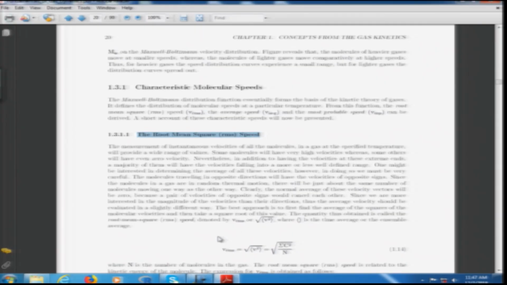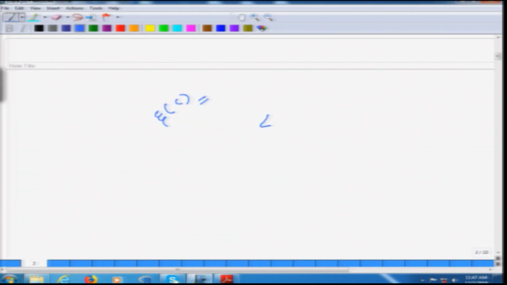So we consider the magnitude of the molecules' velocity, that is the speed, take the square, average it, and take the square root. In turn, the speed obtained is termed the root mean square speed, denoted by Vrms, equal to the square root of this brace which we see here.